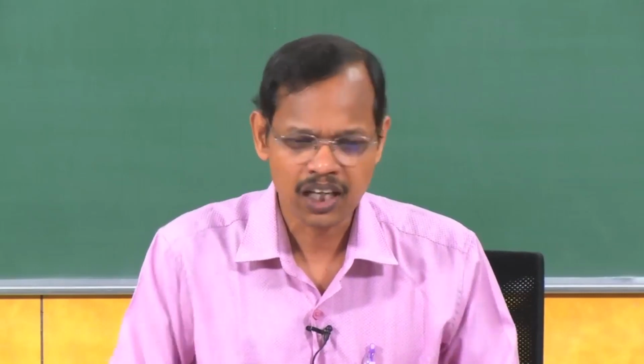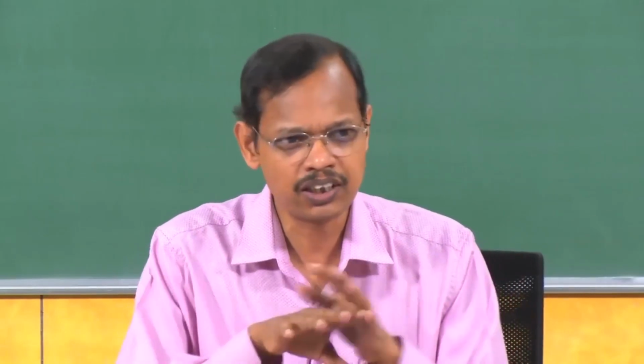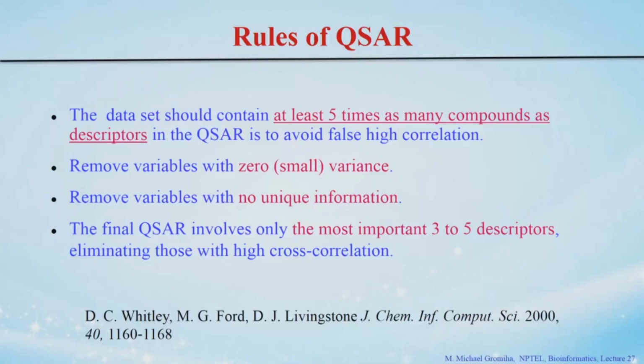So, what are the various rules of QSAR? For example, if you have 100 data points, can we use 50 variables to relate the activity? We cannot do it. So, are there any rules? Generally, we can use a data set that contains at least 5 times as many compounds as descriptors.